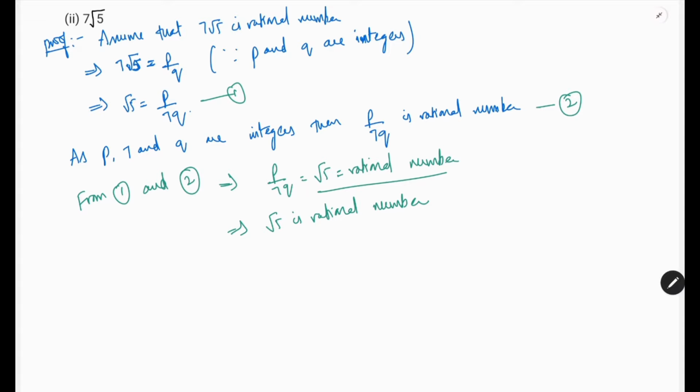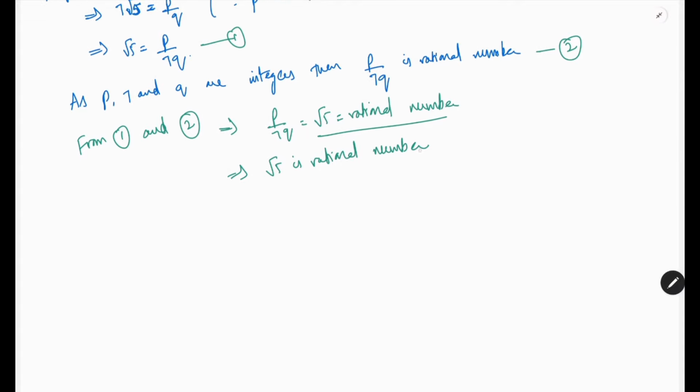From all these statements, we have drawn that root 5 is a rational number. But this contradicts the fact that root 5 is an irrational number.